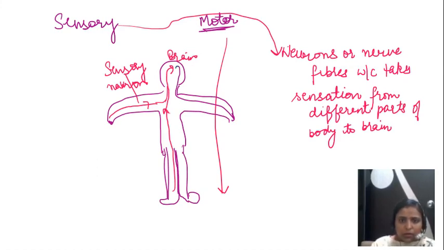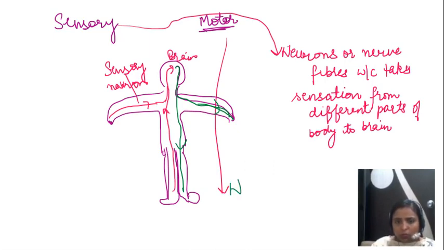When the brain is sending the impulses to different parts of the body or to your effectors, then the neurons which are taking the information from the brain to the different parts of the body are called your motor neurons or your motor nerve fibers.